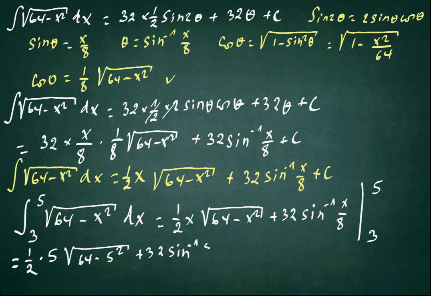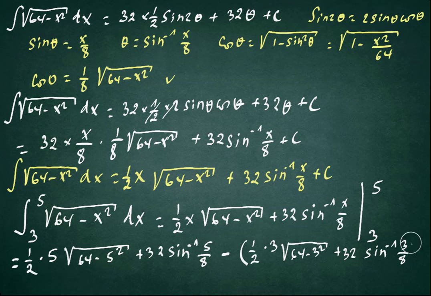So if you are doing this with a calculator, make sure that the mode is radian, not degrees, because if you don't do that, this will be wrong. So minus, now we plug in the 3, square root of 64 minus 3 squared plus 32 sine minus 1 of 3 over 8. So we close the parentheses.